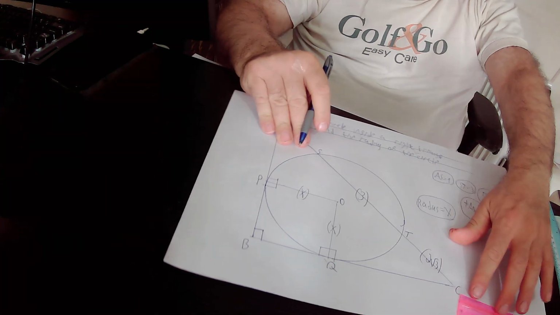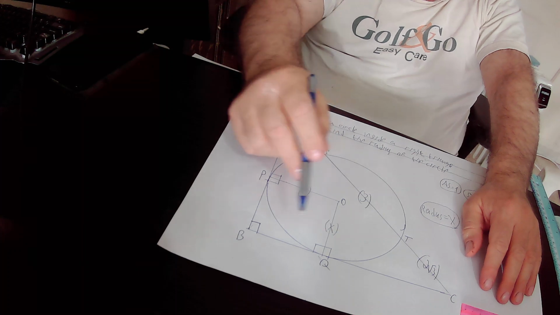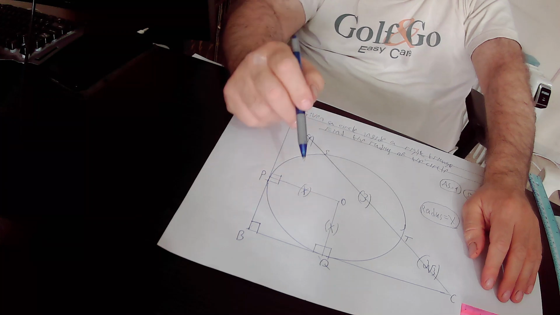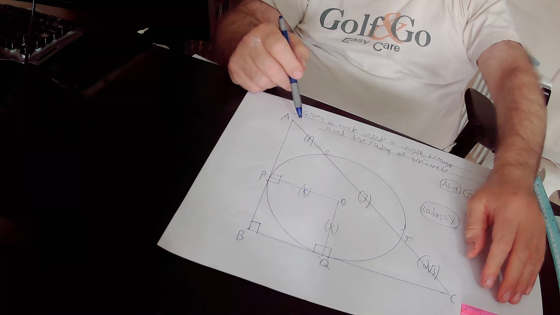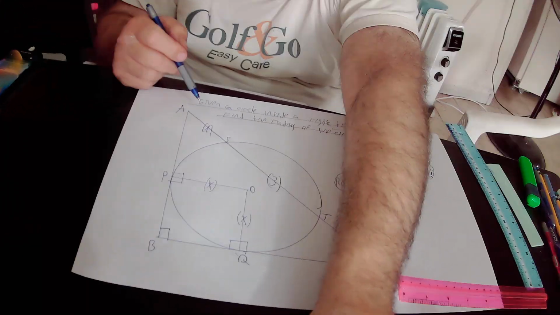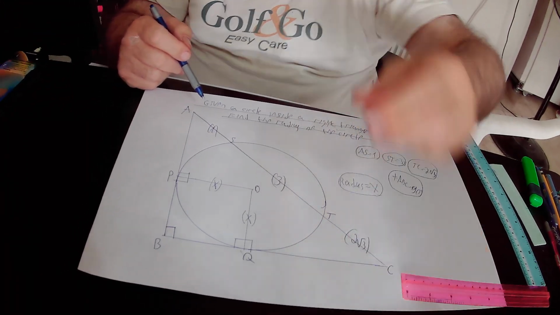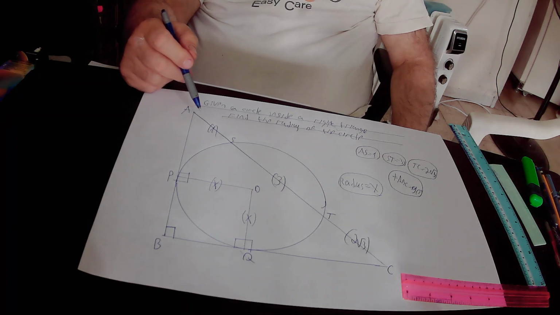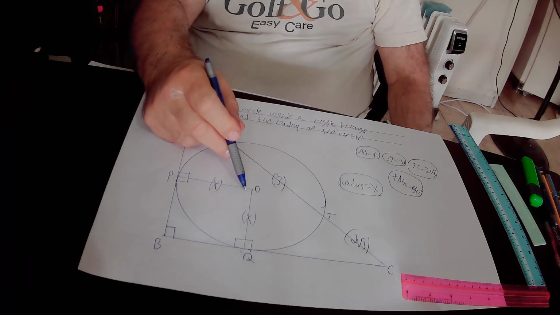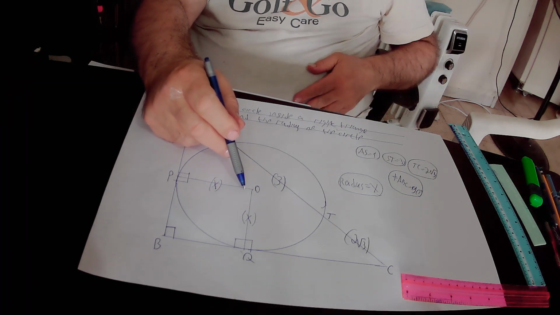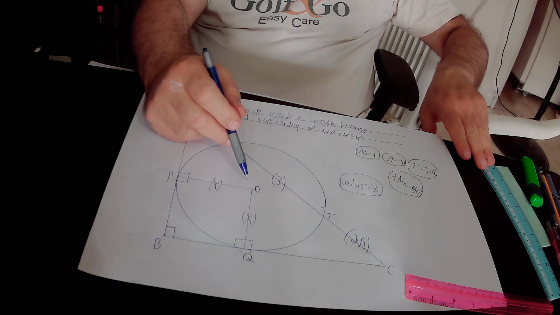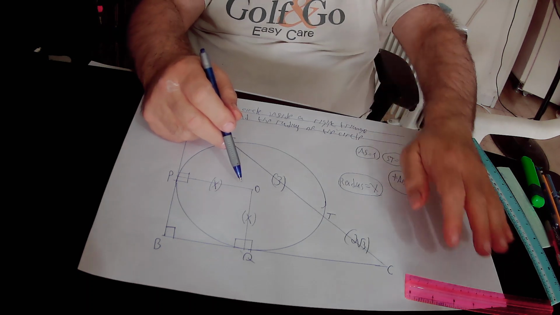So inside this quadrilateral QBPO, we have 1, 2, 3 right angles. The sum of 3 right angles is equal to 270 degrees. So 270 degrees plus the size of this fourth missing angle, in total the sum of those four angles must be equal to 360 degrees according to the rule that the sum of the angles in any quadrilateral is equal to 360 degrees.